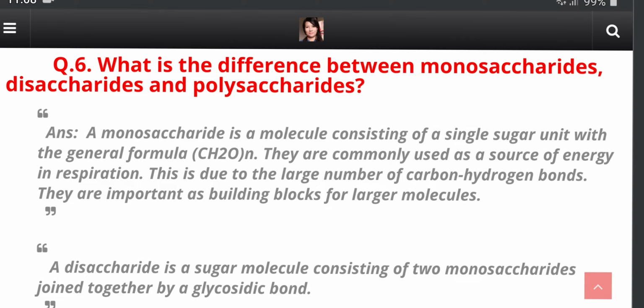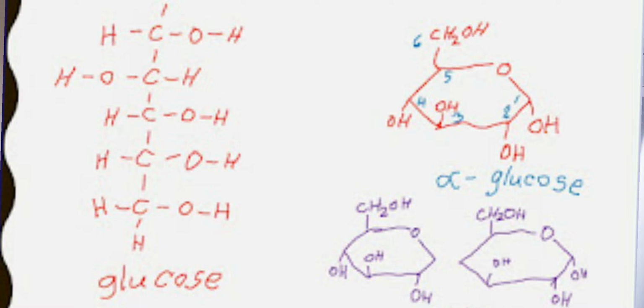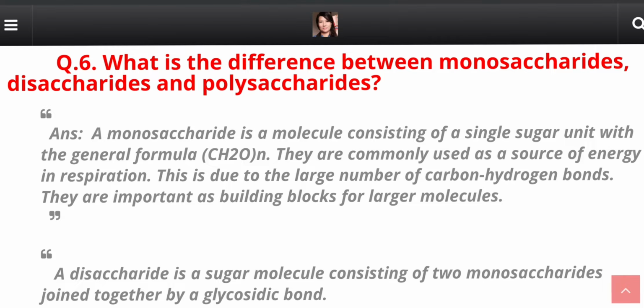Now I'm going to ask you one question. What's the difference between monosaccharides, disaccharides and polysaccharides? A monosaccharide is a molecule consisting of a single sugar unit, with the general formula CH2O n.